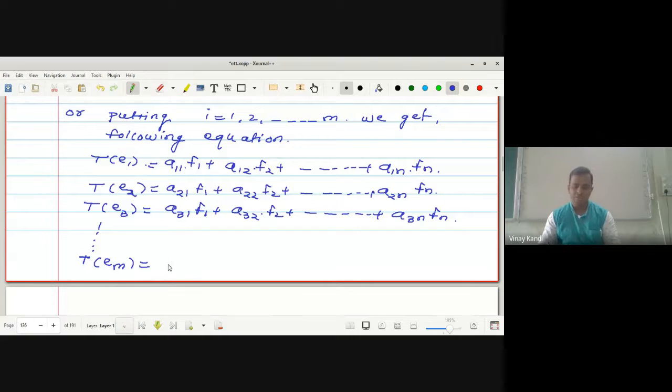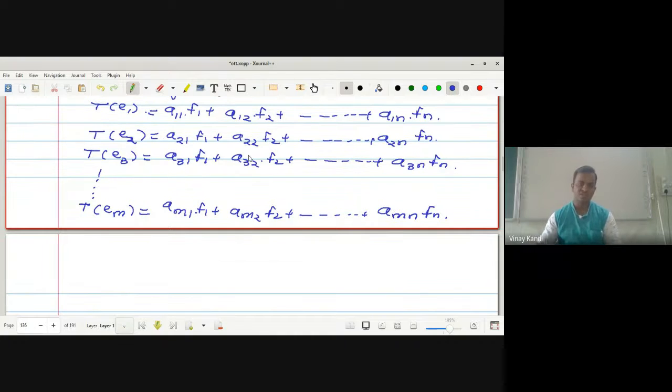So what we get is Am1 F1 plus Am2 F2 plus and so on up to Amn Fn. Now look at the coefficients A11, A12, and so on up to A1n.